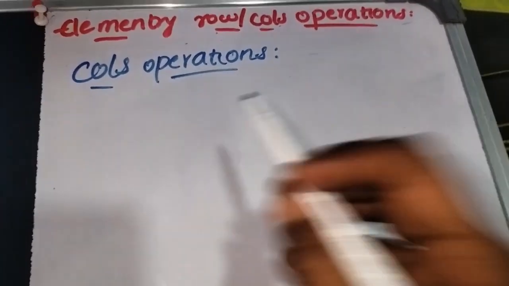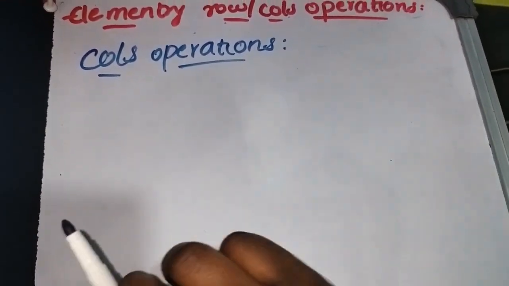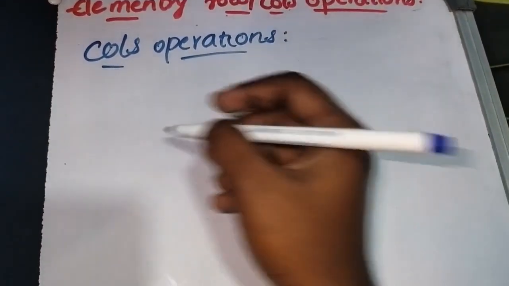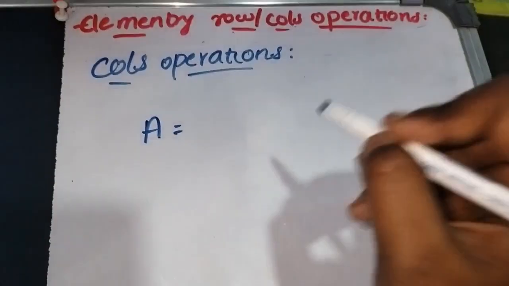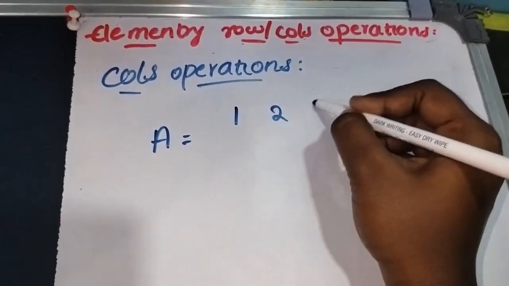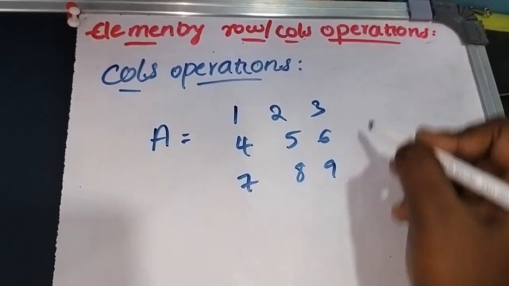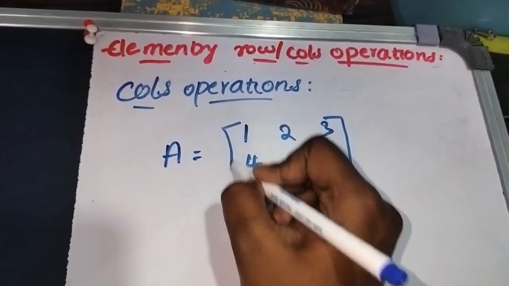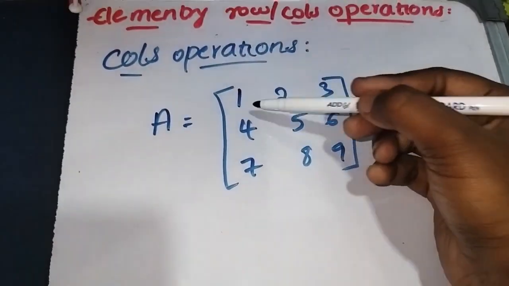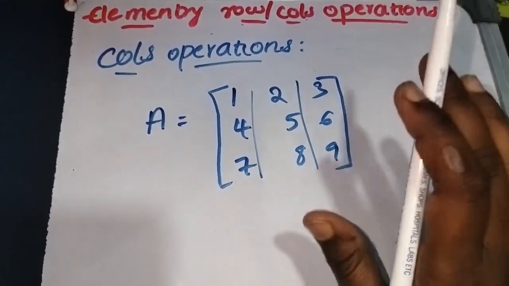Now let's continue with the column operations. Here also, let's take an example of a matrix for better understanding: 1 2 3 4 5 6 7 8 9. As I already said, these are called columns.